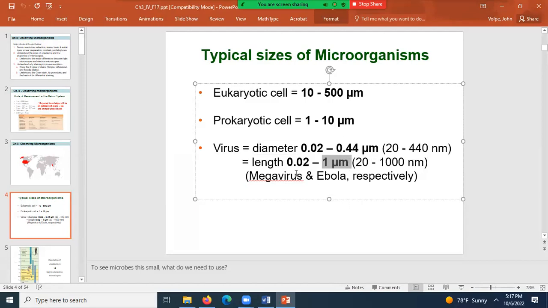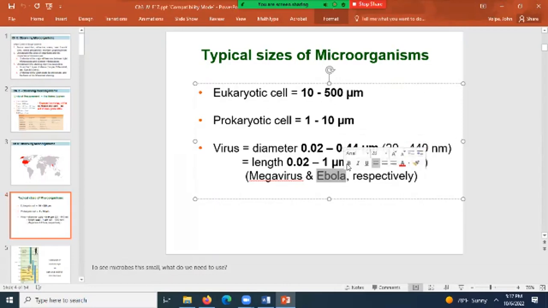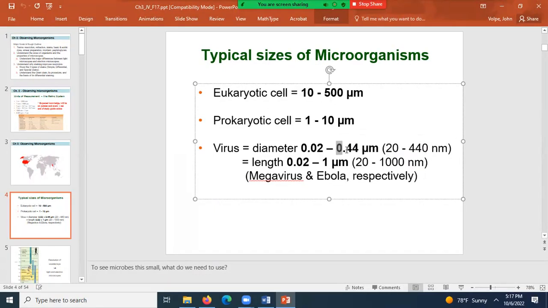So it's actually not the largest virus by diameter, but by length it is. And that's Ebola, the longest virus. Megavirus is the largest virus we're going to talk about in the class. And it's about 0.44 micrometers in diameter.